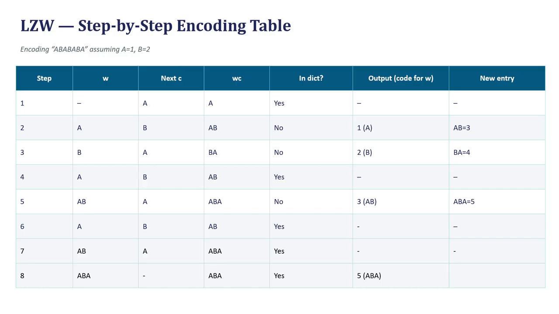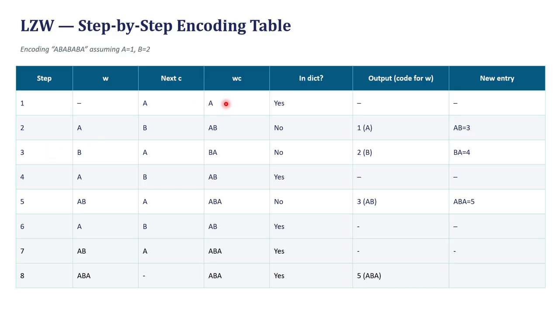Yes, A is in. So this C indicates all my characters that I'm reading. WC is basically the concatenation of W and C. We check if WC is in the dictionary. Yes, it is there, so we don't have to do anything.